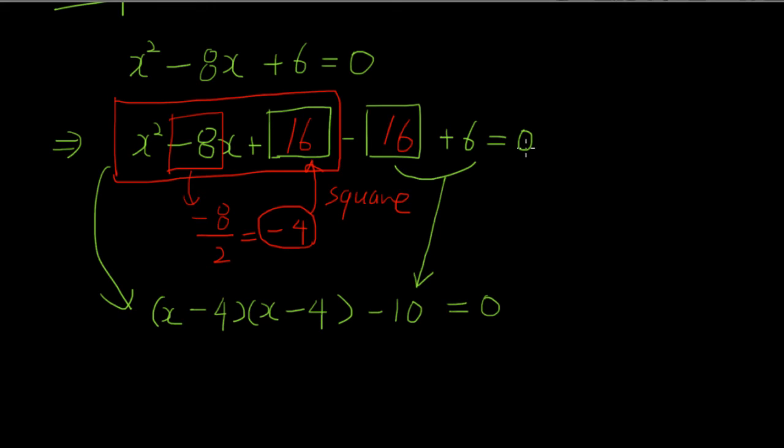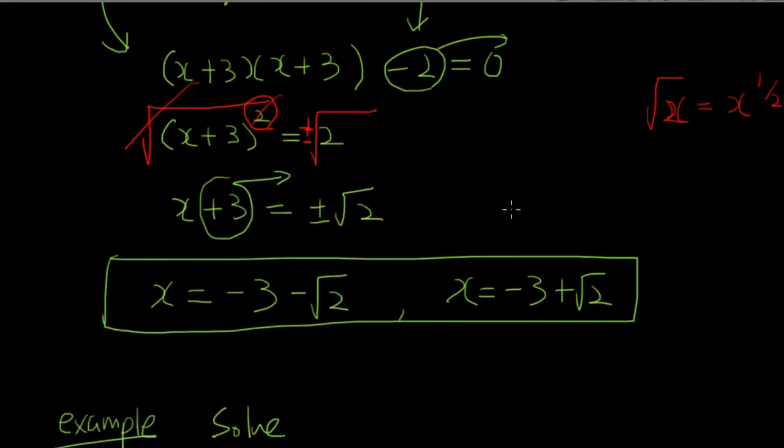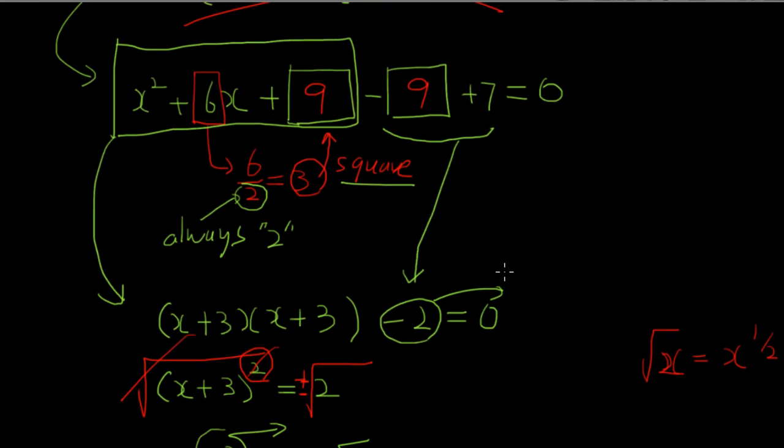equal 0. Now let me make another point. Now we have this negative 4 here, negative 4 there. Is that a coincidence? Well, let's check our previous example, right? Let's go up and check the previous example.